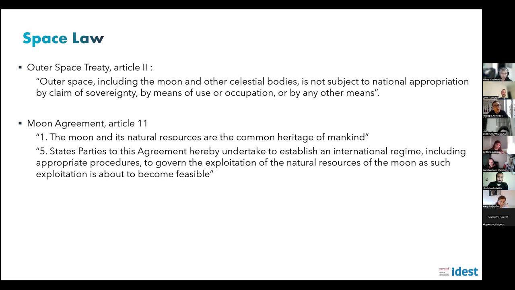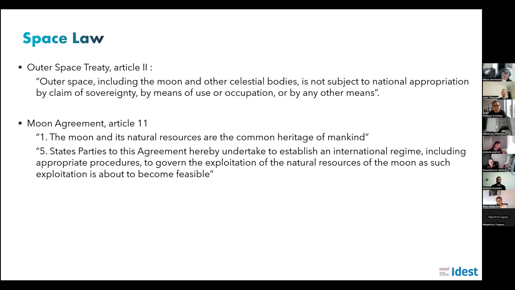The Convention on the Law of the Sea, adopted in 1982, has not only confirmed that the resources of the deep seabed are the common heritage of mankind, but the convention also established an international organization to provide authorizations to explore and exploit natural resources of the deep seabed, which is not yet the case for the Moon, because this regime is not yet established.